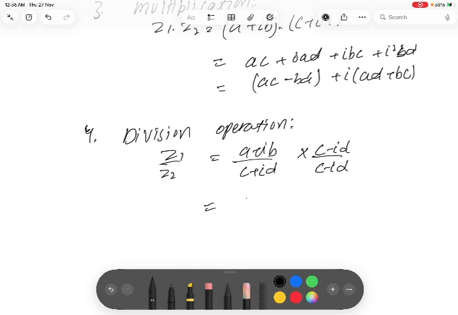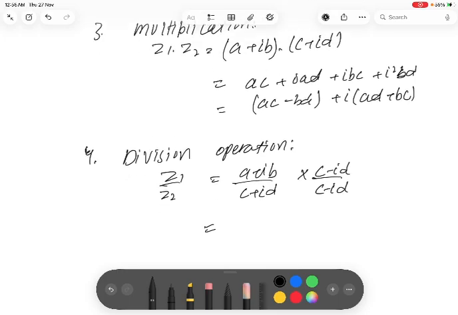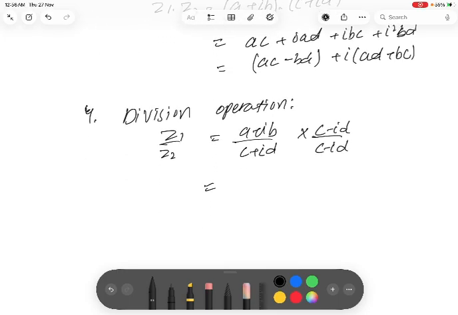Now a plus iota b into c minus iota d is equal to AC minus iota times AD plus iota times BC minus iota square times BD, upon c square minus iota square d square, using the identity a plus b into a minus b.